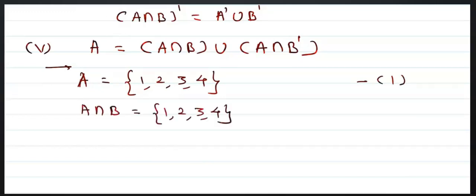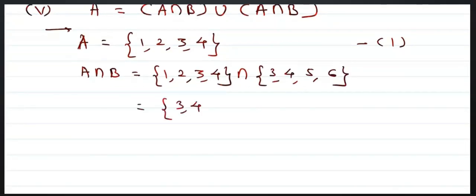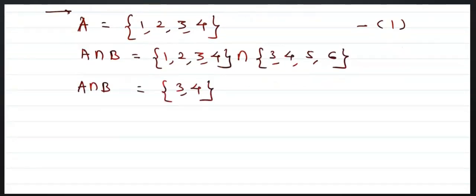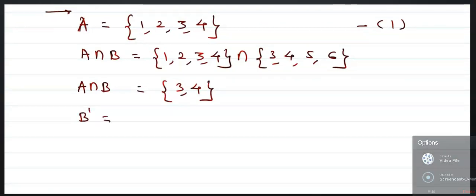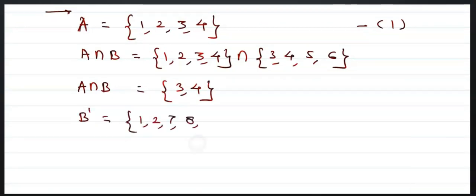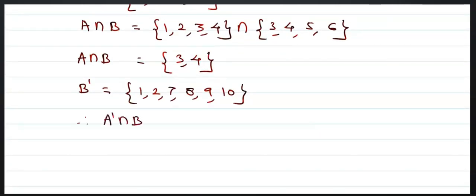A intersection B is equal to 1, 2, 3, 4 intersection 3, 4, 5, 6, and their common is 3 and 4. Therefore, B complement is equal to 1, 2, 7, 8, 9, 10.